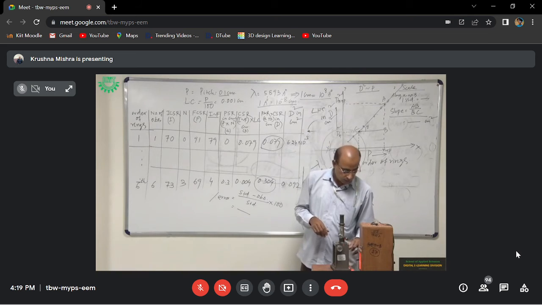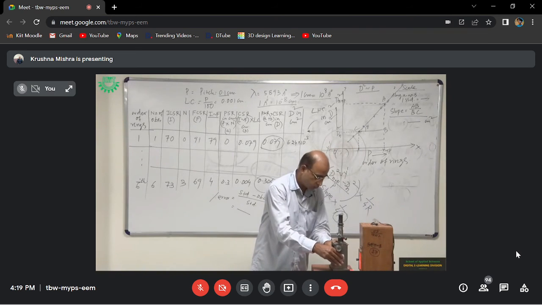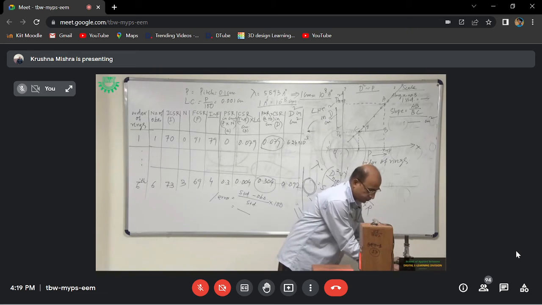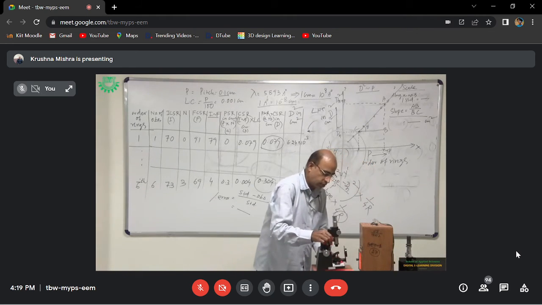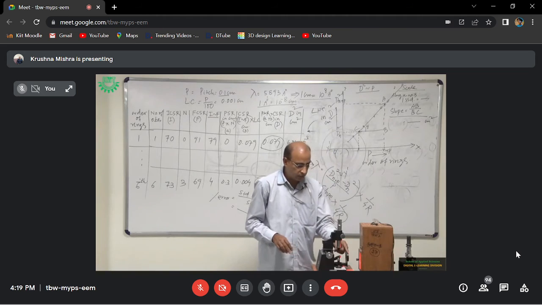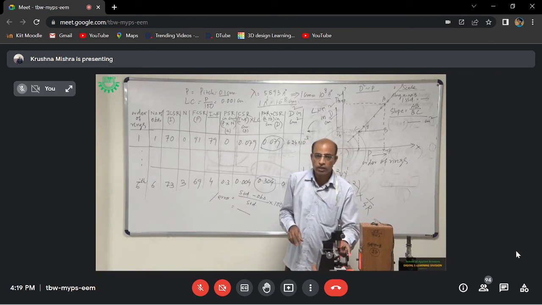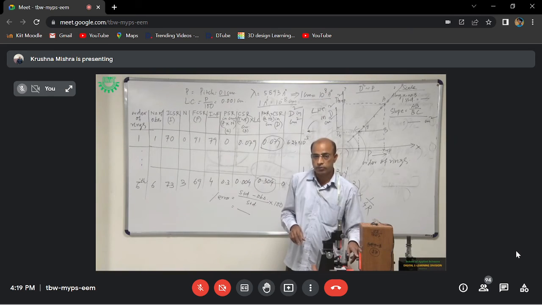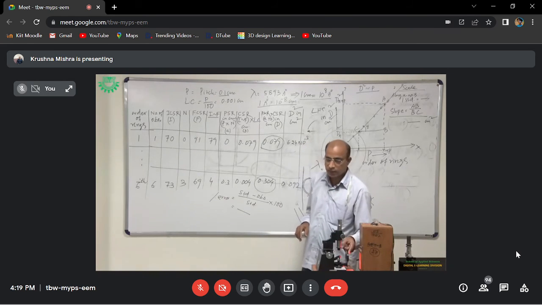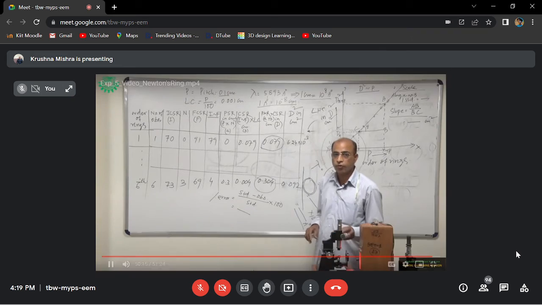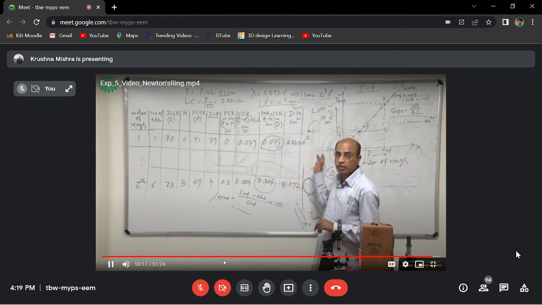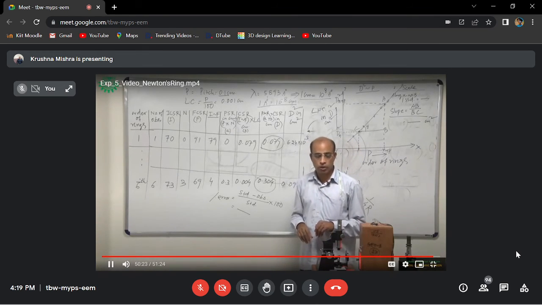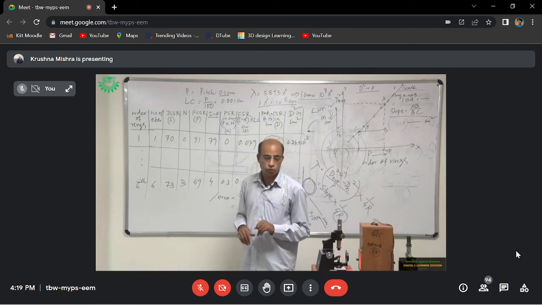And this is a convex lens, and it has some particular focal length. The source should be kept exactly at the focal length of this convex lens, so that after it is incident in scattered form, we will get parallel rays. Otherwise, it is difficult to get circular rings.